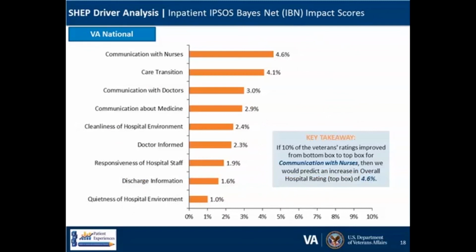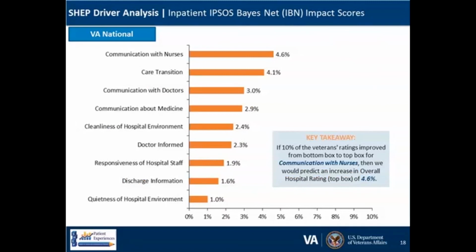Here, we could find out potentially how much improvement we could see in the overall hospital rating if we focused our efforts on communication with nurses and care transition and some of these other metrics that are reported here. You can see that communication with nurses and care transitions are up at the top of the list.